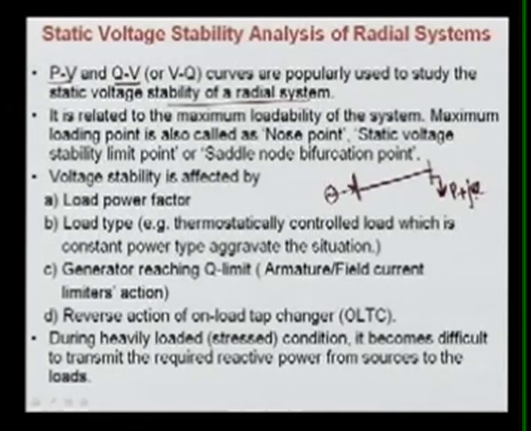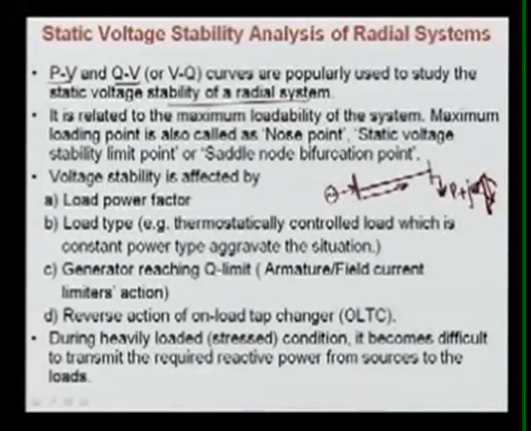If you keep on increasing these values, there will be some condition limiting how much you can load this line. So it is related to the maximum loading of the system. The maximum loading point is also called the nose point of the curve. We will see that. The static voltage stability limit point is the saddle node bifurcation point.